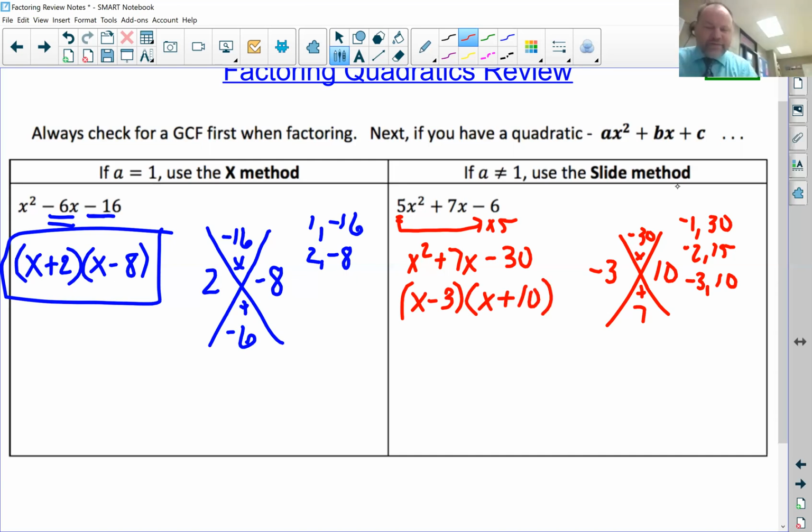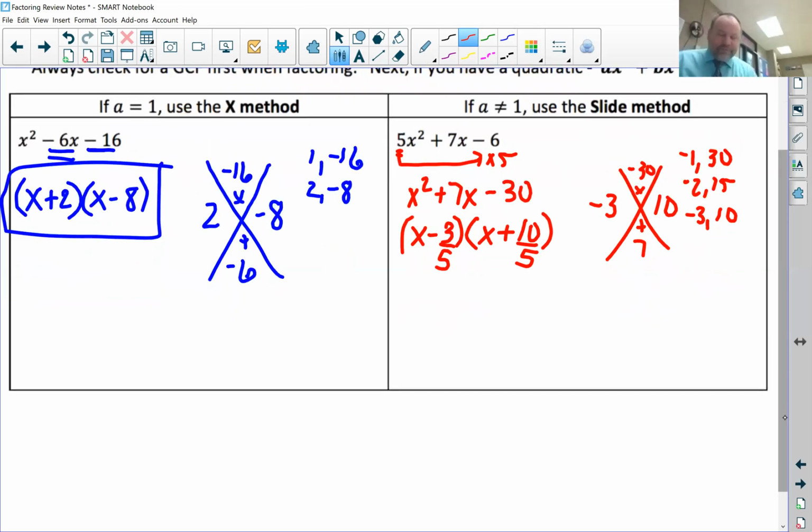When we use the slide method, to get these factors, we multiplied by 5. So to get our answer, we're going to divide by 5. All right. First of all, is 3 divided by 5 an integer? No. Can that fraction reduce?